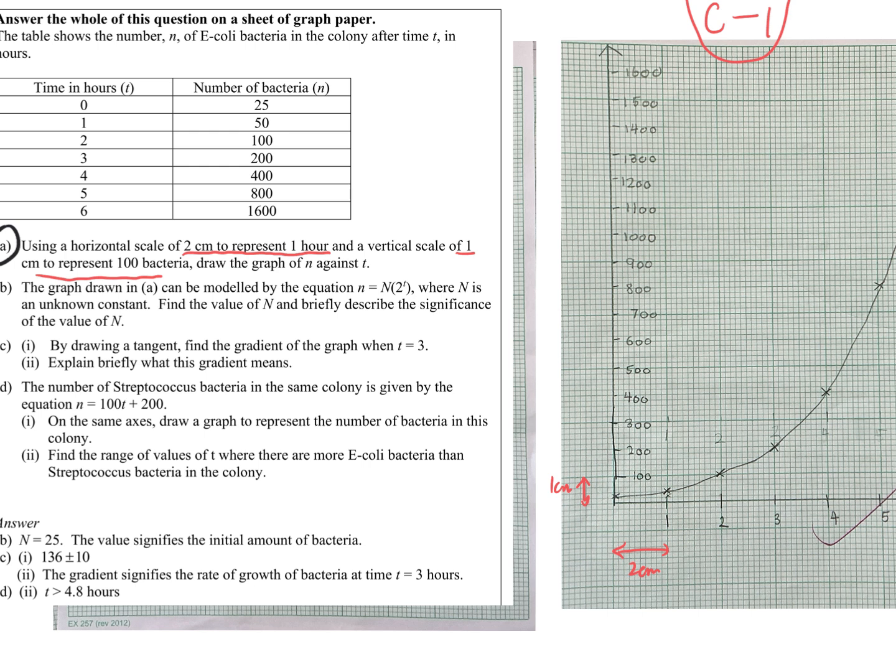Okay, wait, let me finish this one. They say, can you draw a tangent at the point t equals 3? So you go to your whole graph and look, where is t equals 3? Here. They want you to draw a tangent line. So you take out your ruler, put it at 3, adjust left and right.